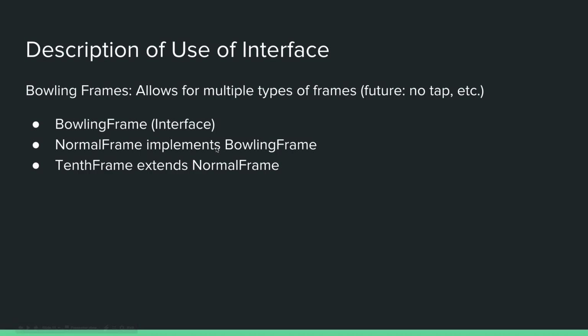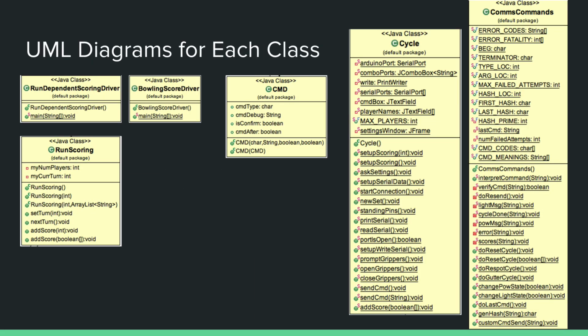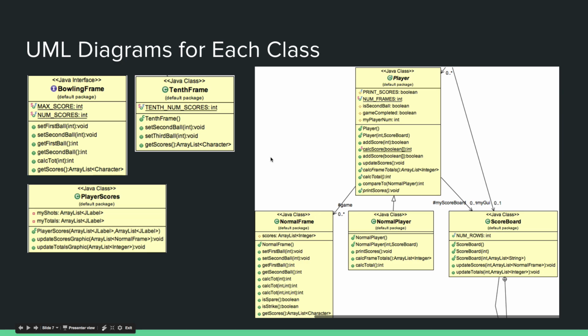So I'm going to go back to the UML diagram. There's always going to be in a frame a first ball and a second ball. But how you calculate the score might change. In not a normal game, but if I wanted to implement, like I said earlier, where if you knock down 9 pins, it would count as a strike. That would be a different implementation of bowling frame. Instead of normal frame, I would name it something else.